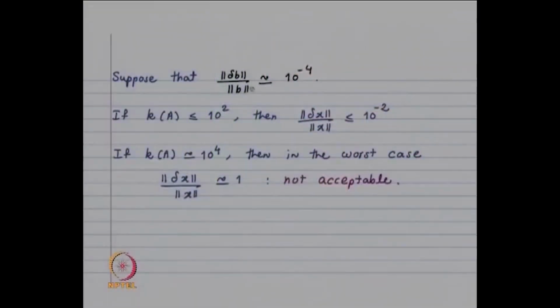So, suppose your norm delta b by norm b is approximately equal to 10 raised to minus 4, and if your condition number is about 100, then norm delta x by norm x is less than or equal to 10 raised to minus 2. So, you are starting with the error to be of the order of 10 raised to minus 4.